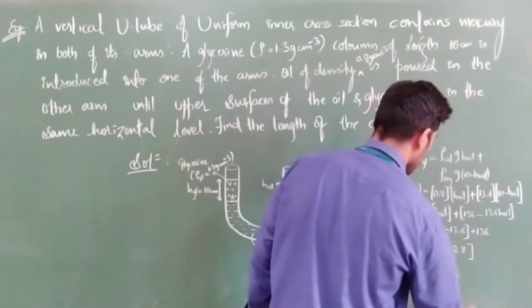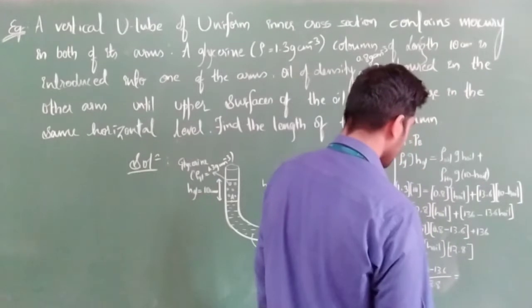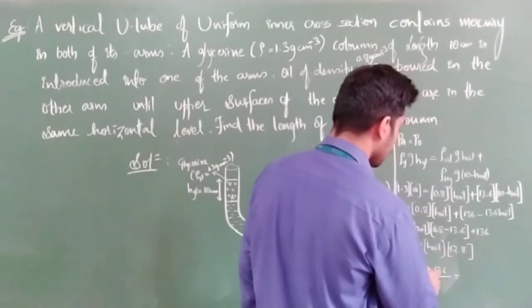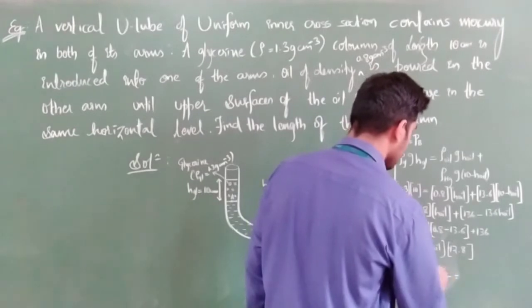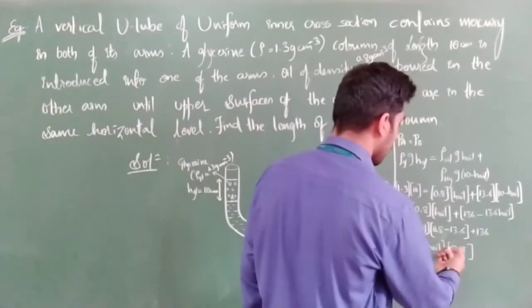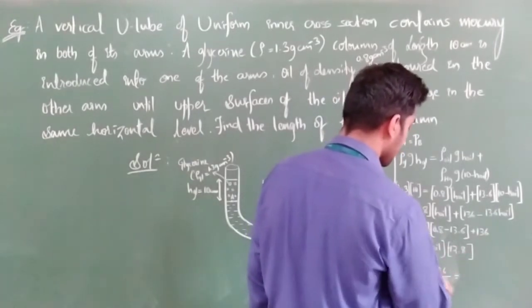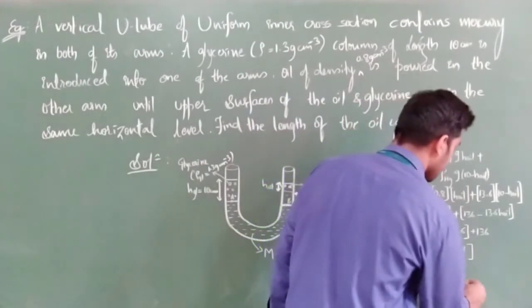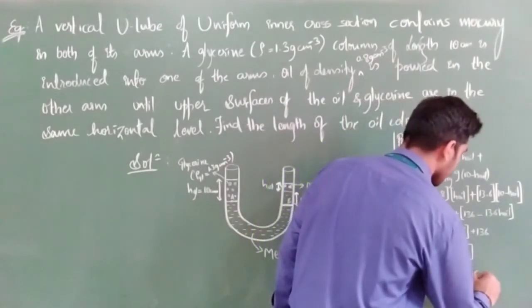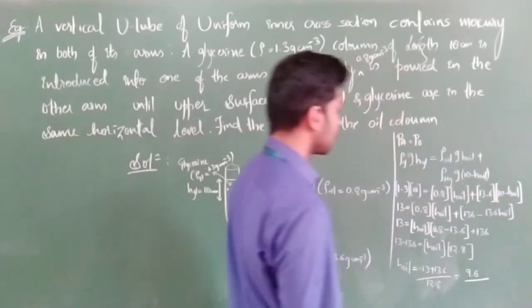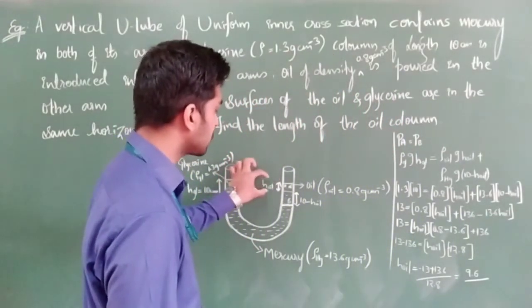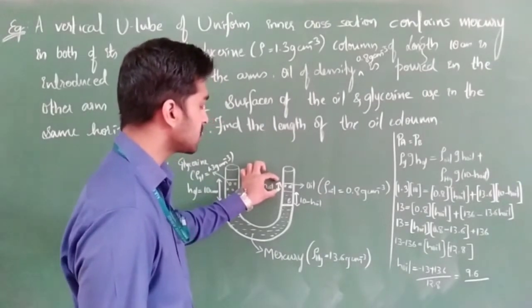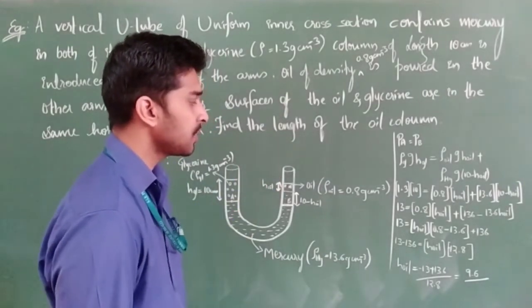This will be almost equal to 136 minus 13, if you take minus common and cancel it with this term, divided by 12.8, so it will be almost 9.6, clear? So 9.6 is nothing but this value. This value is nothing but 9.6 centimeters. Clear?